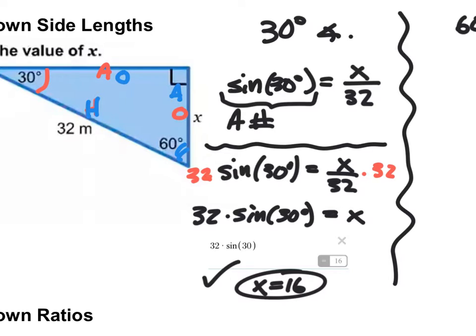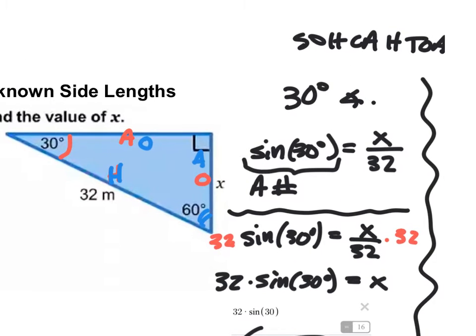Because I'm dealing with the 60-degree angle, I know that my adjacent side is x. I'm trying to find my adjacent side and I'm given my hypotenuse. So I have to use the cosine function.